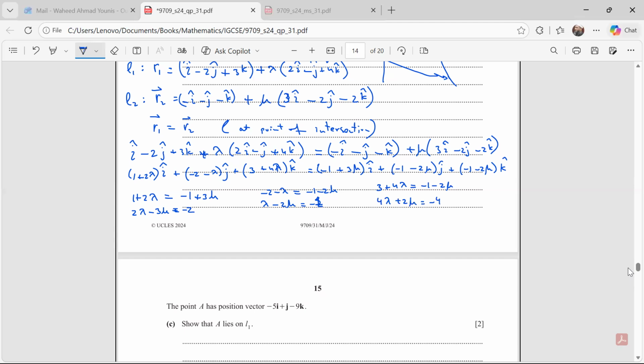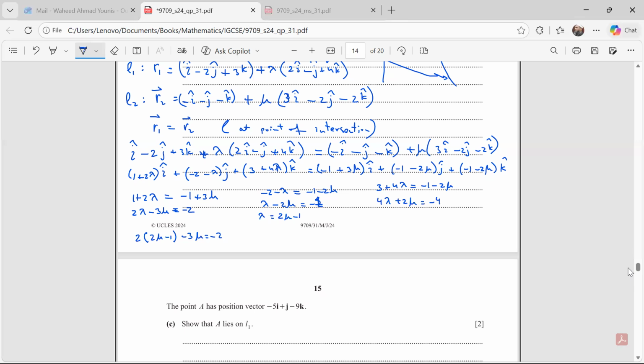From this equation, you see lambda equals 2 mu minus 1, right? If I substitute this value of lambda over here, 2 times lambda, which is 2 mu minus 1, minus 3 mu equals minus 2.